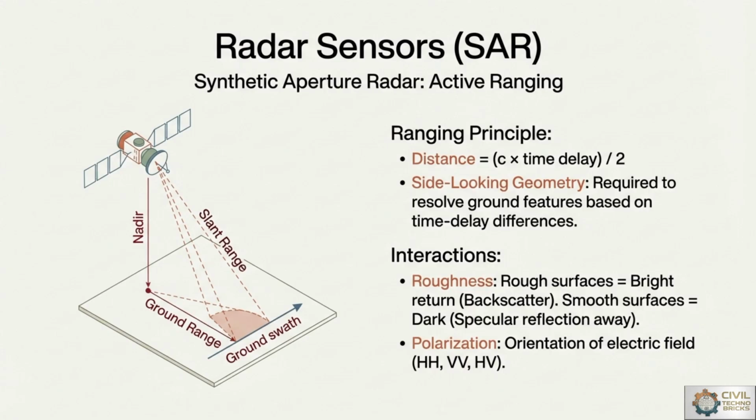Here the interaction is based on radio detection and ranging, where the ground and its properties like roughness are studied with reference to its surface. A rough surface gives a bright return, that is the backscattering effect, and a smooth surface appears dark, that is specular reflection away. So for a rough surface the backscattering effect is there, and for smooth surfaces we can see specular reflection.